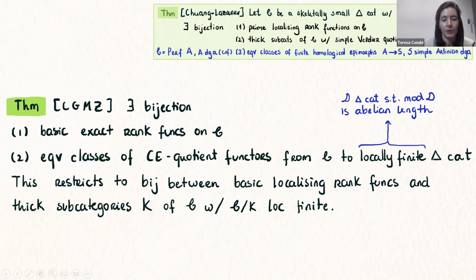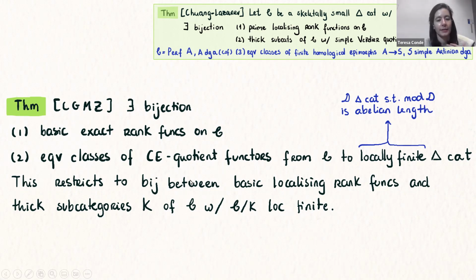So you see that we get a generalization of the result by Chuang and Lazarev, where we no longer need to require that the triangulated category has a thick generator, and we don't need the assumption of primality.